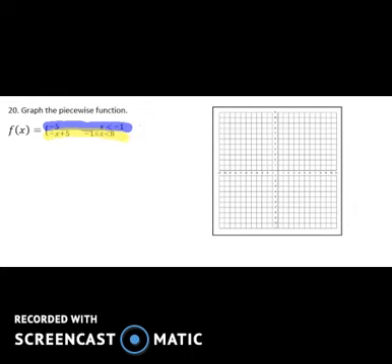Let's go ahead and make a t-chart with x and y. What's less than -1? That would be -2, -3, -4, and so on.